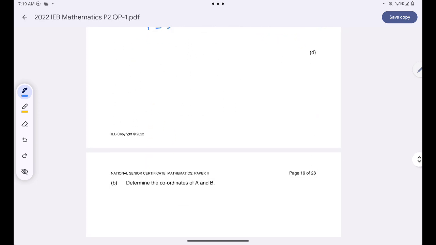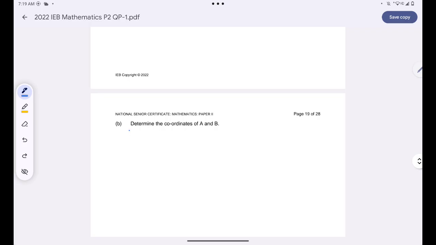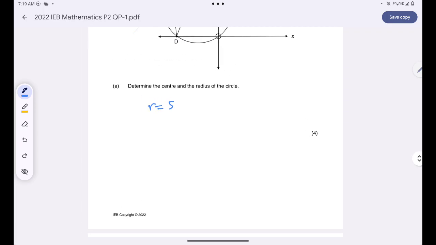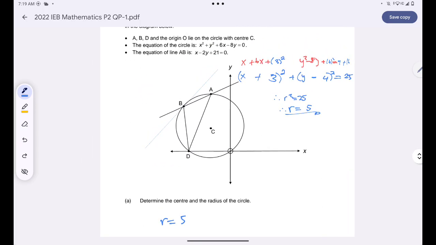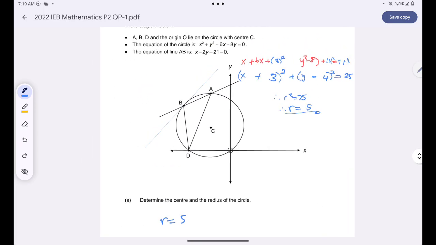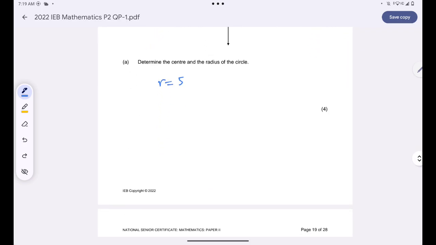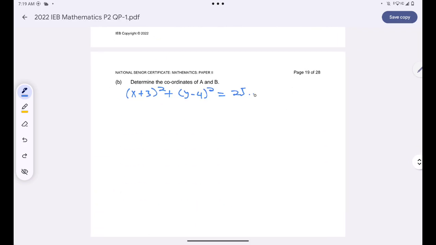Okay, the equation of the circle is x plus 3 all squared plus y minus 4 all squared is equal to 25, ne? And then the equation of line AB, we have x minus 2y plus 21 is 0. This is equation 1. This is equation 2.